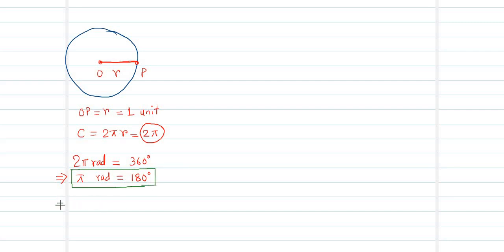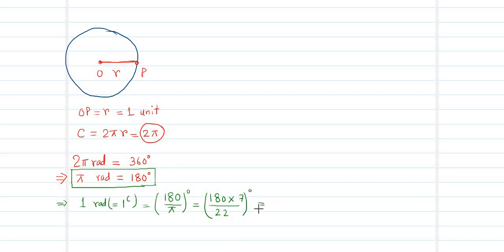Now from here we can find the value of 1 radian also. 1 radian, that is same as 1c, is 180 by pi degree. So what is the value of 1 radian in degree measure? This is equal to 180 into 7 by 22 degree.